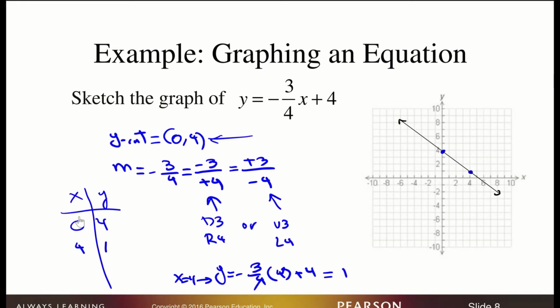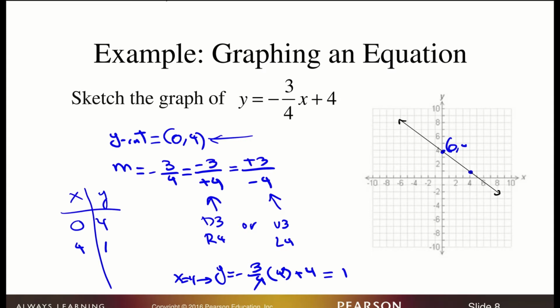So we could have done it by setting up a table by substituting values as well. But we can simply just look at the equation and graph it without having to go through the process of creating a table. Of course, when you try to graph this on, say, MyMathLab or MathXL, you are going to need to know what that point is.